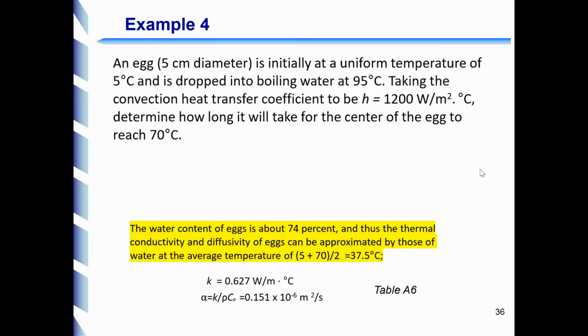So we are discussing the unsteady problem solving technique.